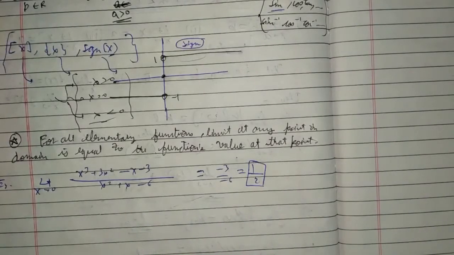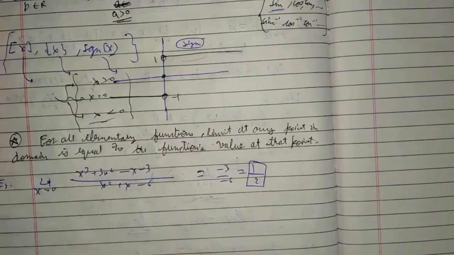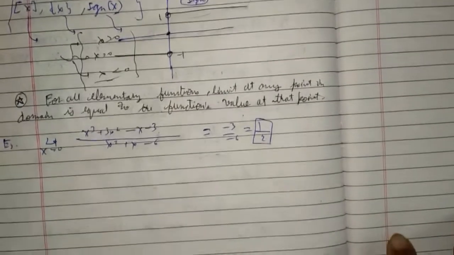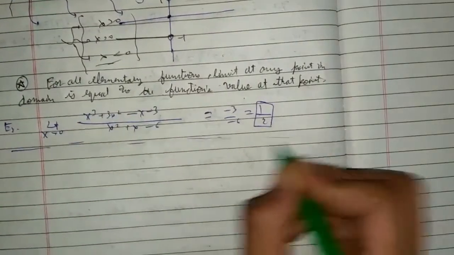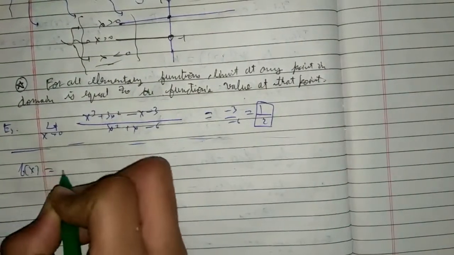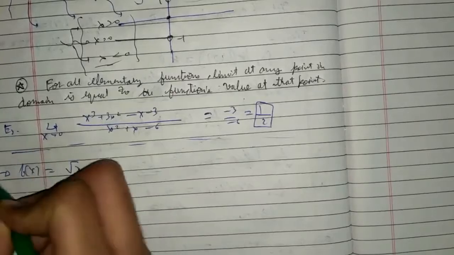So moving forward, an important note is that when a function is defined only on one side of the point a, then limit x tends to a of f of x is identical with the one-sided limit if it exists. For example, let the function be f(x) equal to root x.